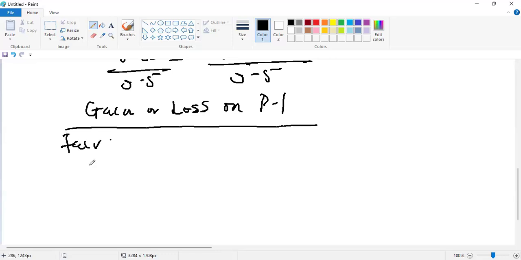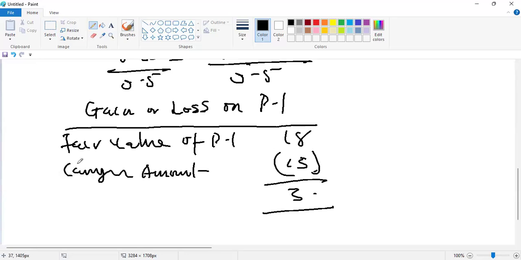Carrying amount? 15. Of course, it made a gain of 3 because the fair value of today's investment is more than what we have in the book. A gain of 3 million. That is it.